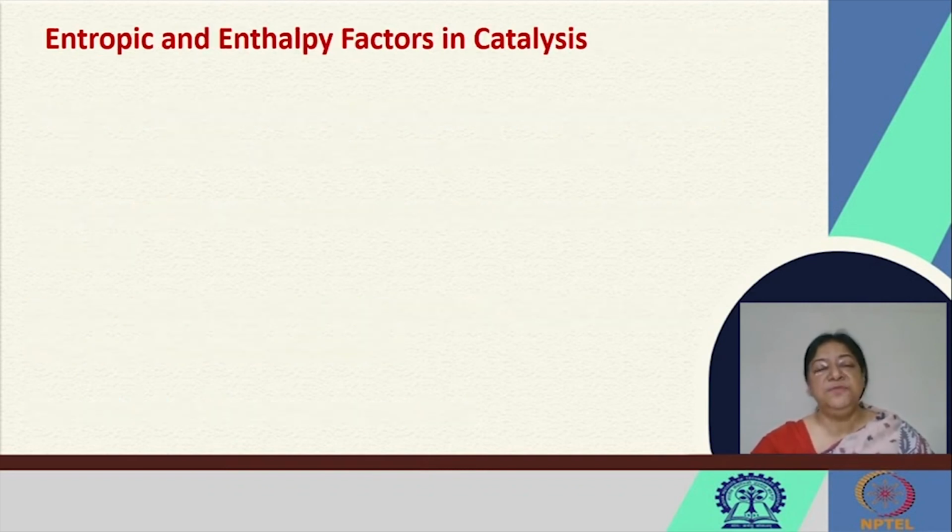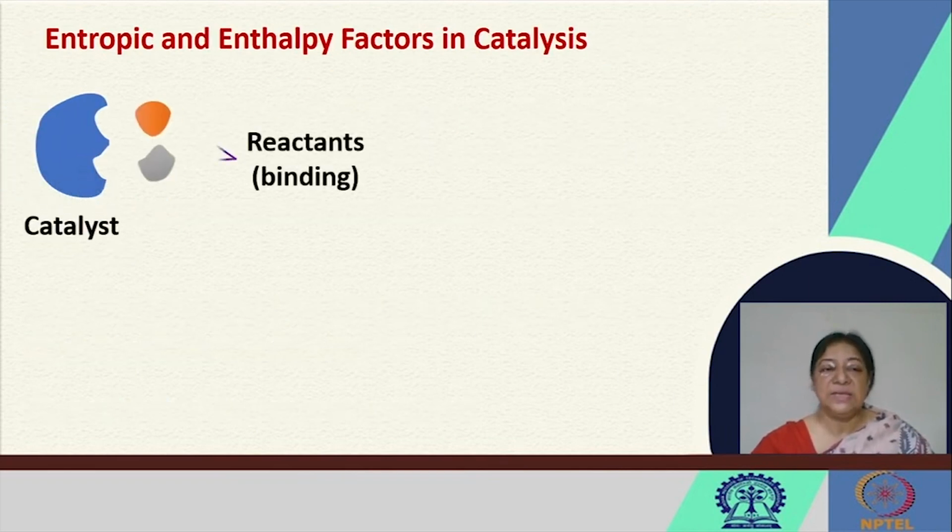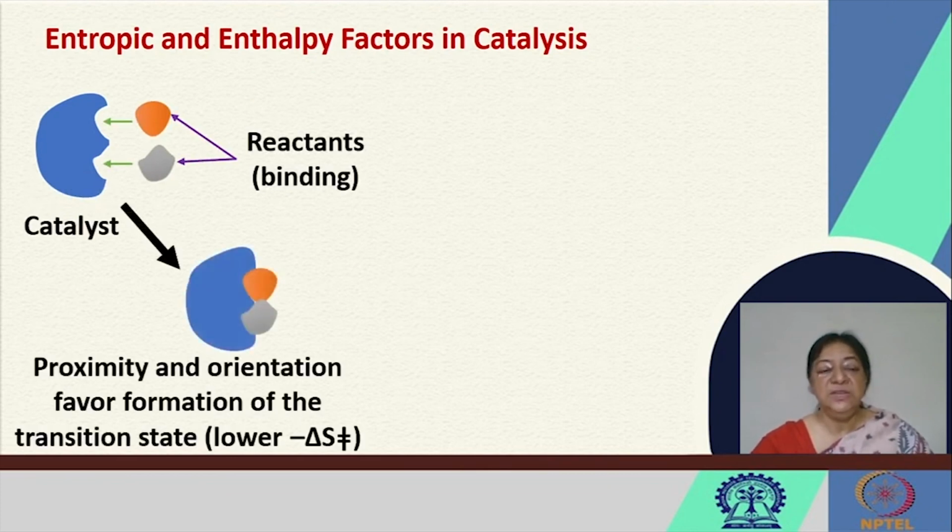So if we look at the different factors involved, we have our catalyst, our enzyme, and we have our reactants binding to the enzyme. As a result of this, we have a specific proximity and orientation effect that will favor the formation of the transition state. However, we realize that there is a loss in entropy because we have a specific association involved here.